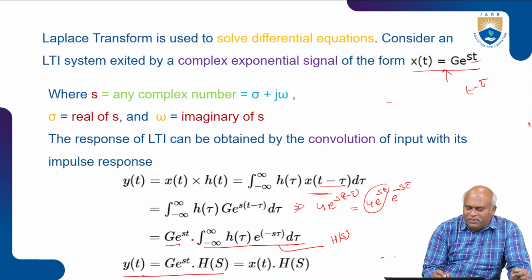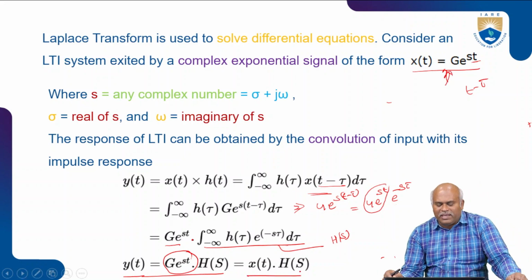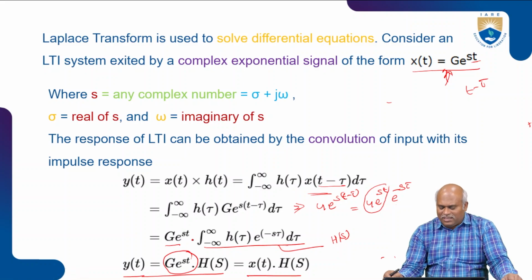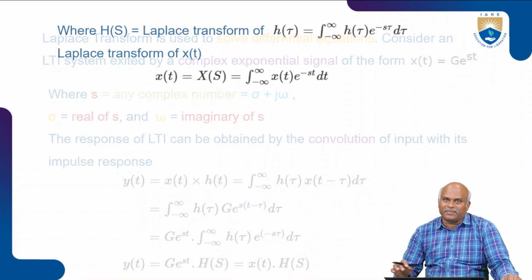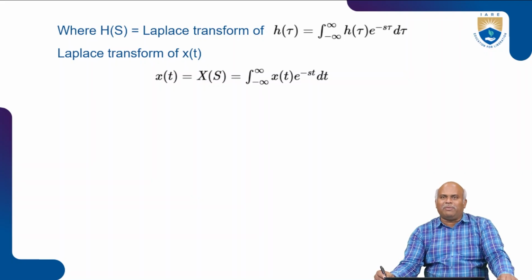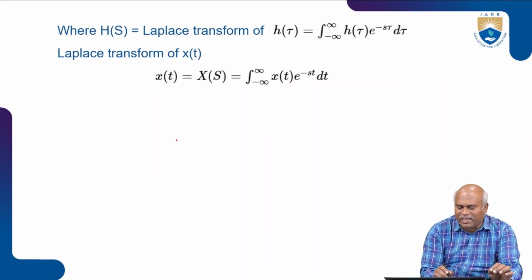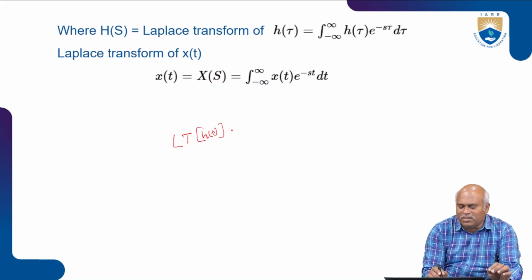This G e power st we took from the input, so I substitute here: y of t is equal to x of t into capital H of s. Now capital H of s is the Laplace transform of the impulse response. The Laplace transform of h of t is equal to capital H of s.